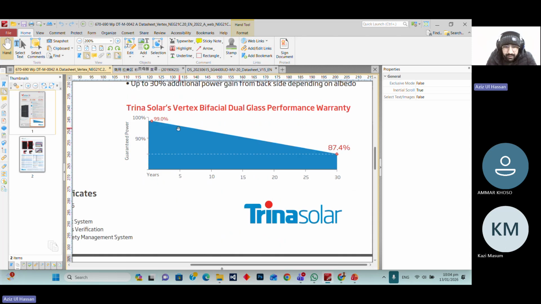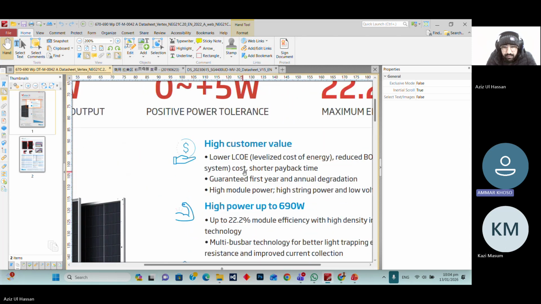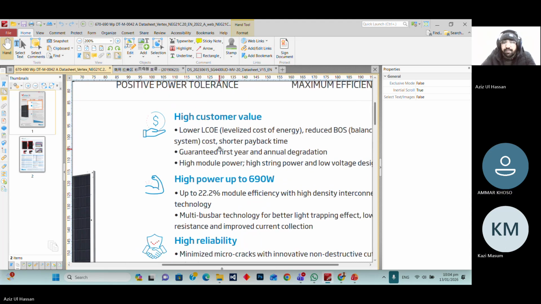And another main point: sir, the LID factor will be in new panels. Yes, when the PV module is first exposed to the sun, it will decrease by some factors.